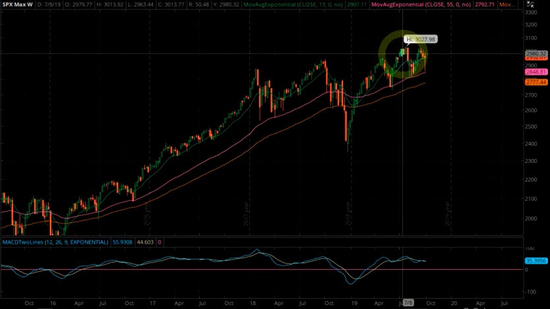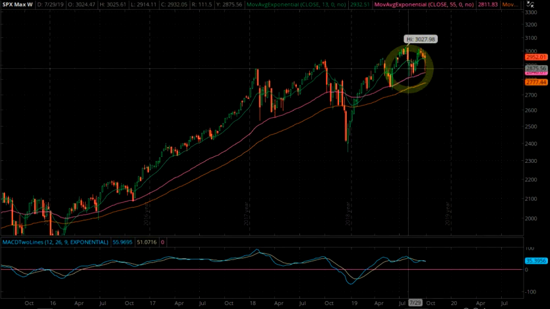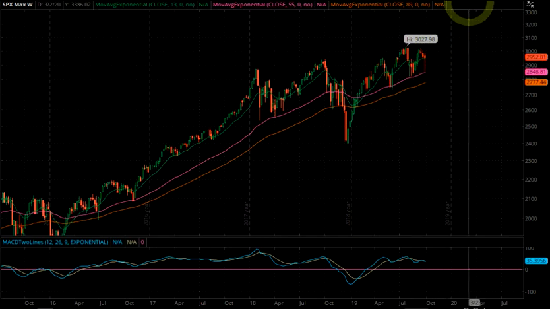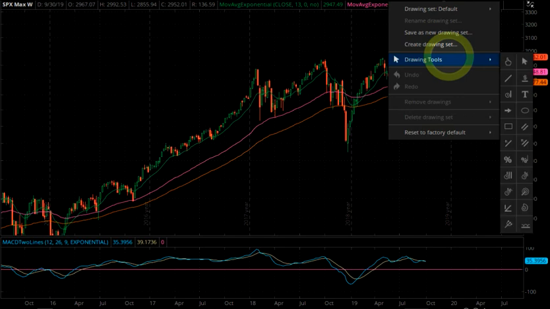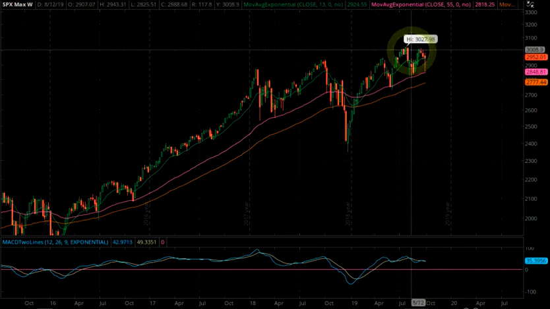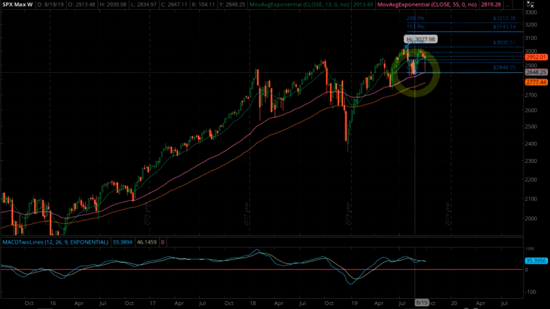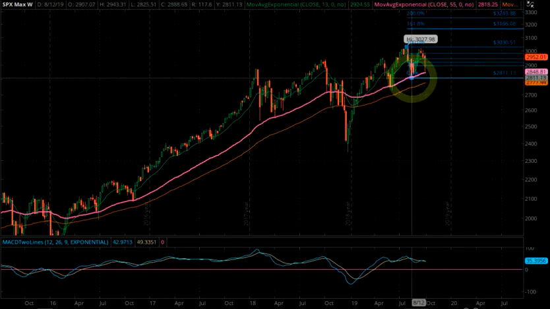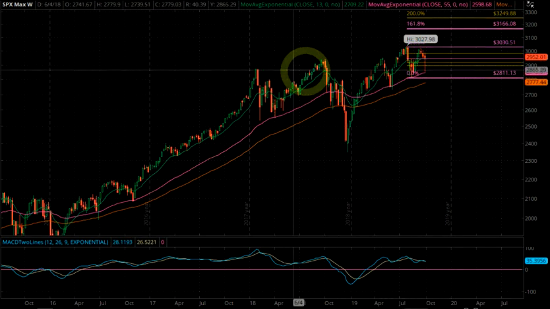But usually, if this is 3 and this is the first wave pullback, what you can do to estimate the high is go from high to low. Now, there's no guarantee this will happen. I'm just showing you a tool you can use.